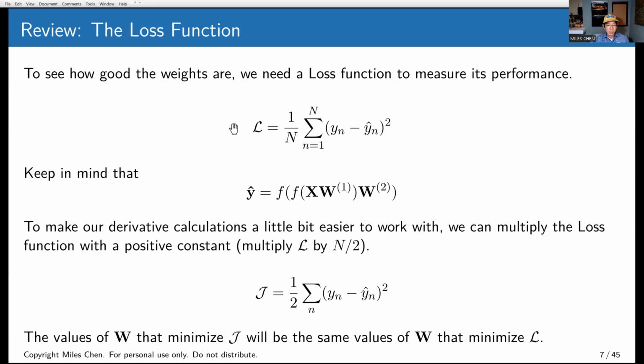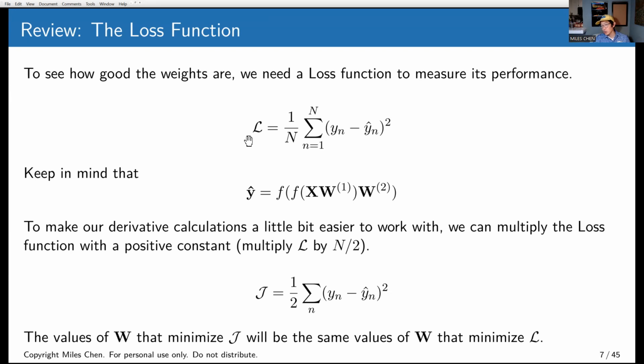And the way we're going to figure out the values for W1 and W2 is we are going to take the gradient of the loss function with respect to W1, and the gradient of the loss function with respect to W2, and we're going to use gradient descent so that we find the values that go into W1 and W2 that will lead to a minimum of the loss function.